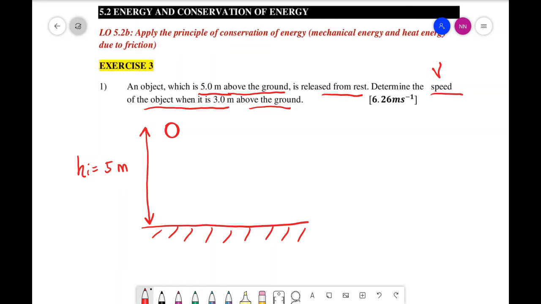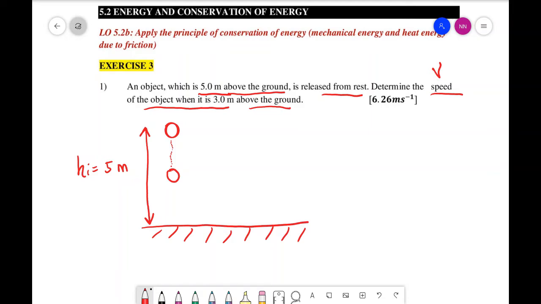Someone must hold that object first, and then release it. So the object falls downward, and the question asks you the speed when the object is 3 meter above the ground.